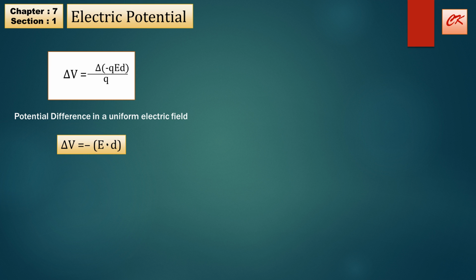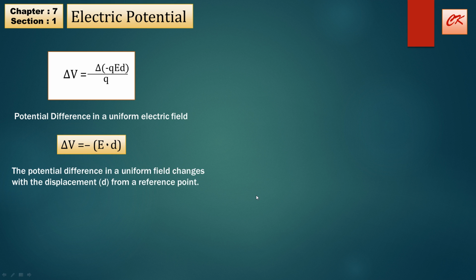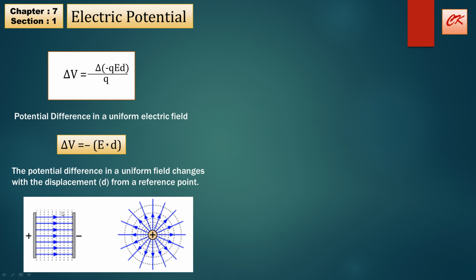Yani in a uniform electric field, potential depends on the electric field and d. The potential difference depends on d. Okay, I want to explain here what is a uniform electric field and what is a non-uniform electric field.